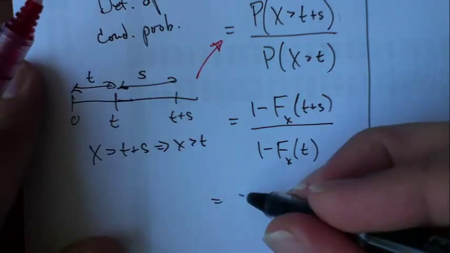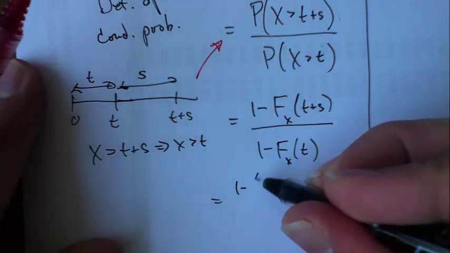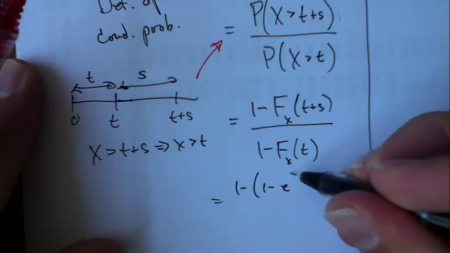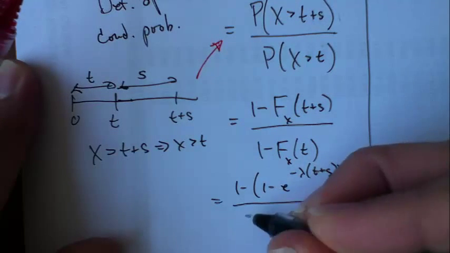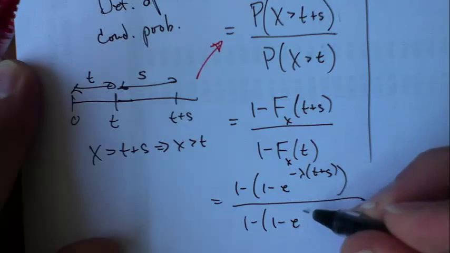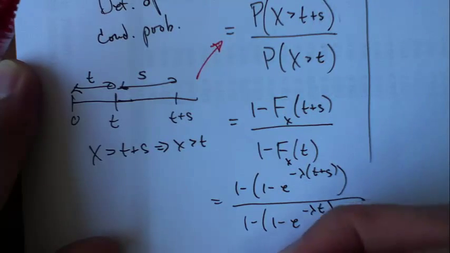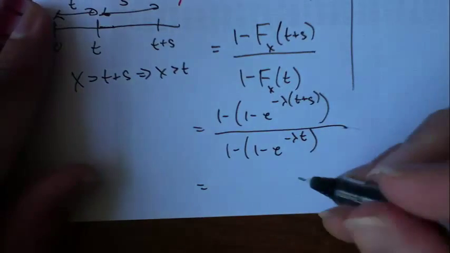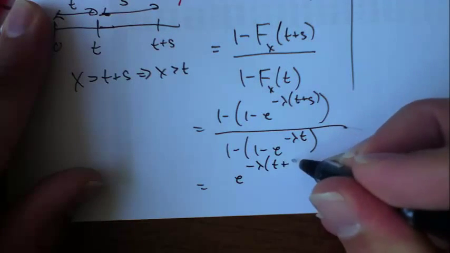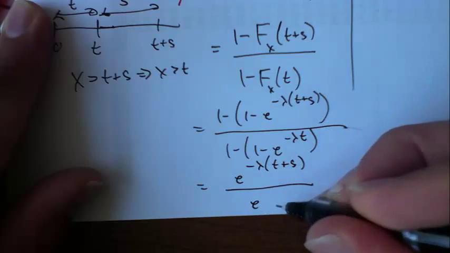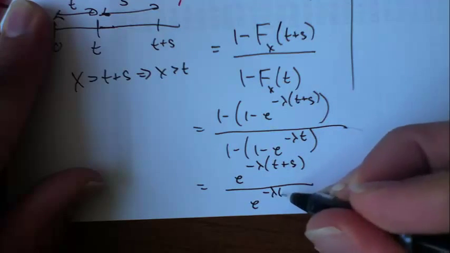It's 1 minus quantity 1 minus e to the negative lambda (t plus s), over 1 minus quantity 1 minus e to the negative lambda t. All that boils down to e to the negative lambda (t plus s) over e to the negative lambda t.